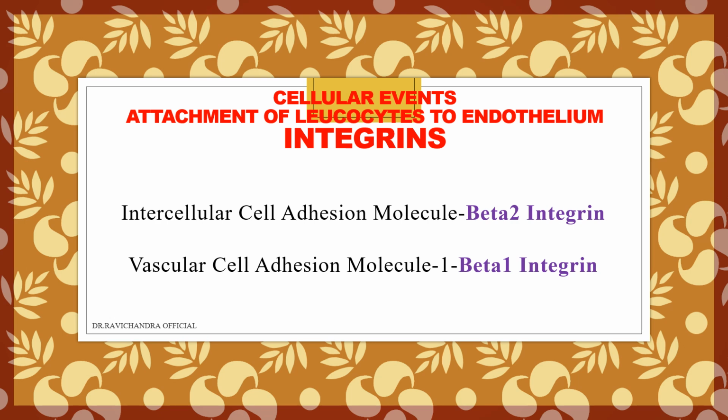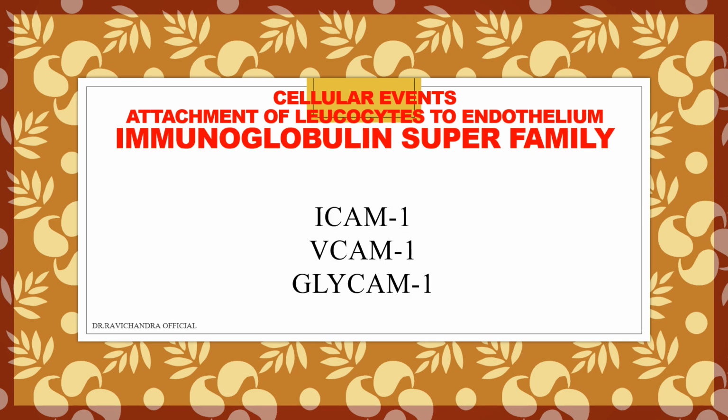The intercellular adhesion molecule ICAM will attach with beta 2 integrins, and vascular cell adhesion molecule 1, VCAM1, will attach with beta 1 integrin. And the immunoglobulin superfamily members that help in the attachment of the leukocytes to endothelium are, as I said earlier, ICAM1, VCAM1 and GlyCAM1. CAM means cell adhesion molecules.